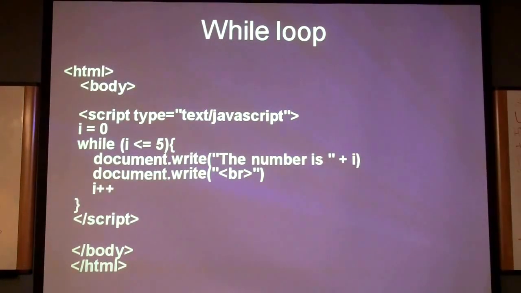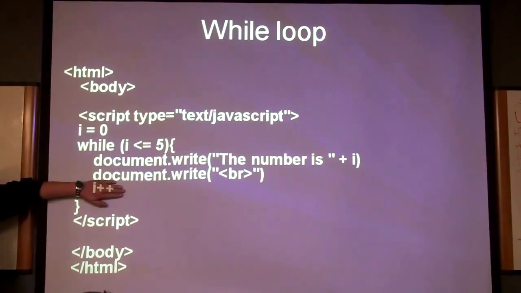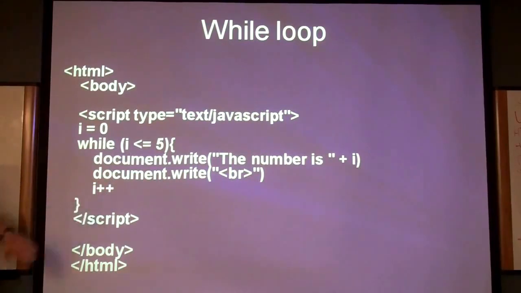In this case, this is an example of a while loop. I'm saying the condition is to iterate this loop until the value of i is less than 5. Let's assume this line does not exist here. In that case, this loop will iterate eternally, because I'm not incrementing the value of i, so it will go until the resources of the computer are consumed.